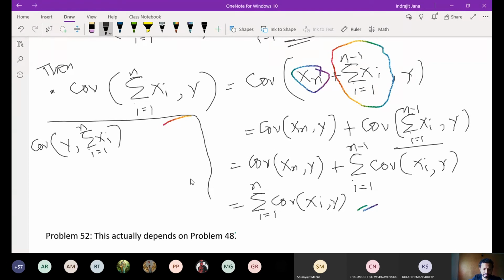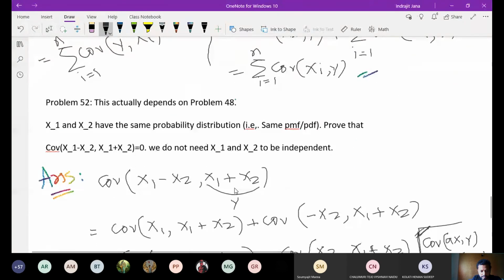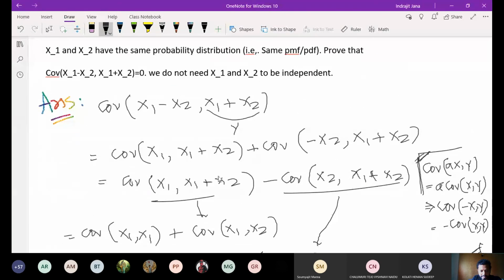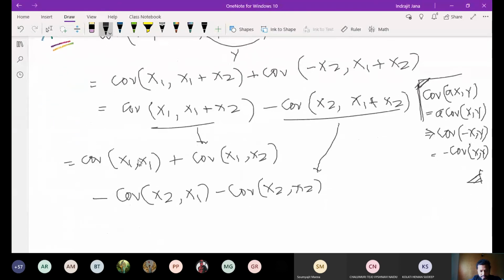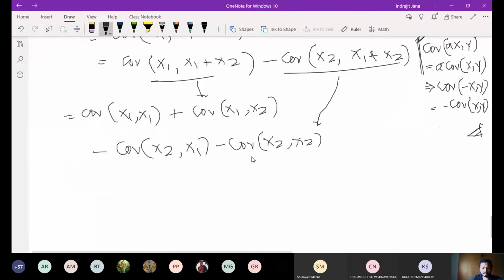If you have summation in the second component, no problem, you will have the same answer. So covariance of y comma xi and you take the sum. Okay, the proof is exactly the same. So because of that I am splitting up the second part, which is covariance of x1 comma x1, covariance of x1 comma x2.